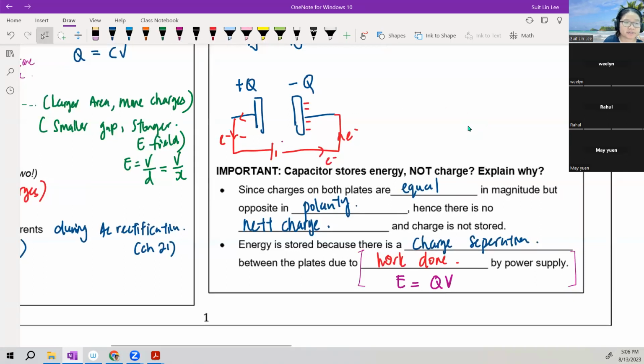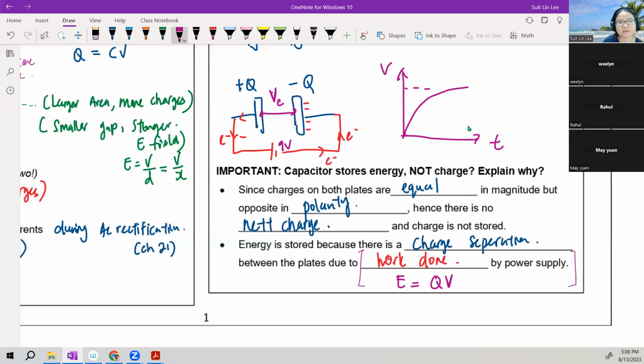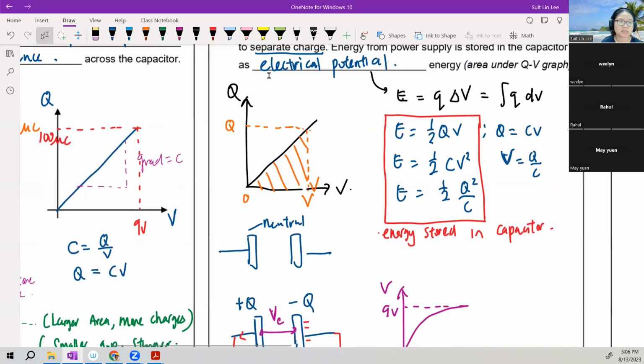So let's say, for example, this is 9 volt, and then this one is potential difference across the capacitor VC. VC actually takes time to increase to 9. That's why the energy stored is not as simple as just multiply. Okay, so the easiest way is to look at this one and look for area under the graph.